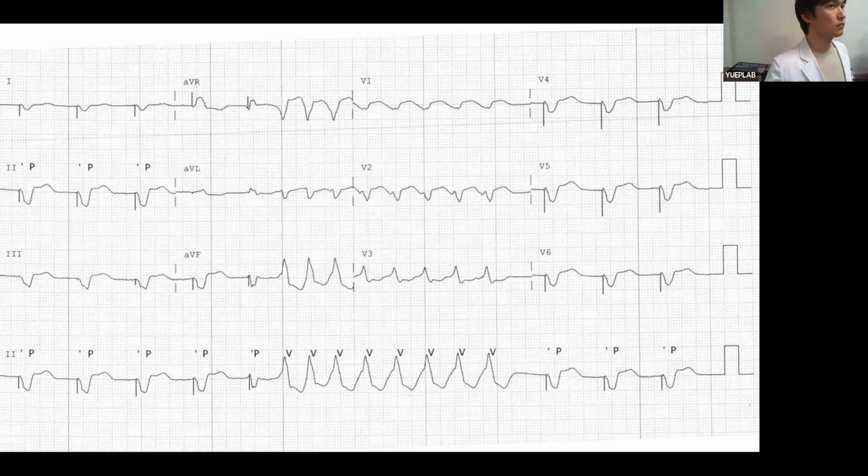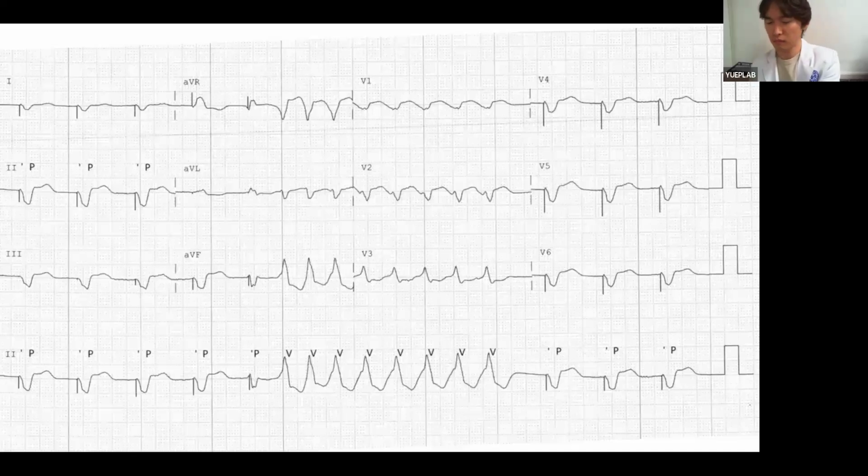And Dr. Lee, any further comments? I think you also find more evidence of VT.